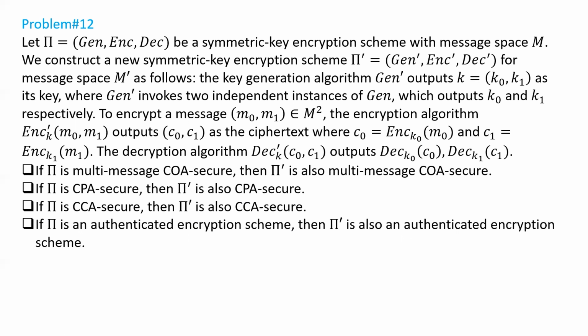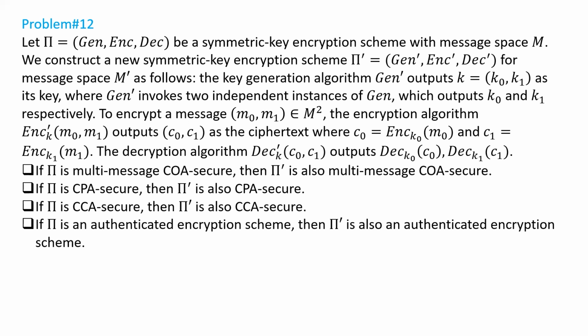Here also, if you just notice the scenario, in case of multi-message ciphertext-only attack, for our modified scheme pi dash, you see some sequence of ciphertexts in the public channel in the form of C1, C2 to CQ, where each Ci is actually containing two parts, Ci1 and Ci2, where Ci1 is the encryption of some message Mi1 with respect to key K0, and Ci2 is the ciphertext corresponding to message Mi2 with respect to key K1.